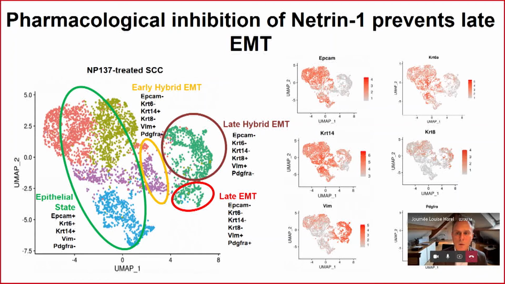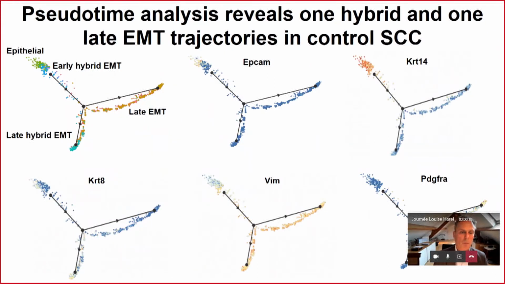When we do lineage trajectory analysis with different programs, including Slingshot, it reveals that there are at least 2 lineage trajectories during EMT in these models, and the epithelial cells can go either toward this late hybrid EMT population or the late EMT population, with all the different markers that I showed you.